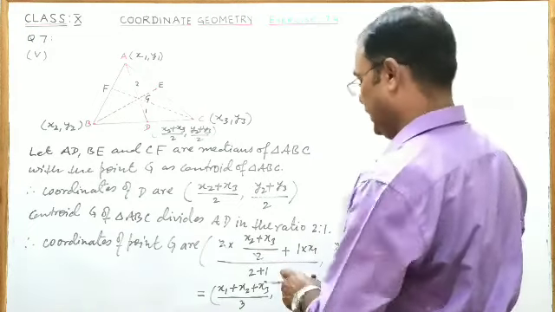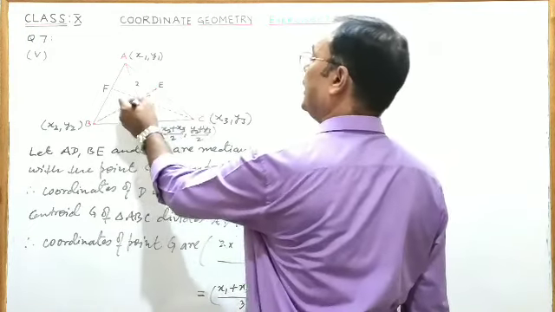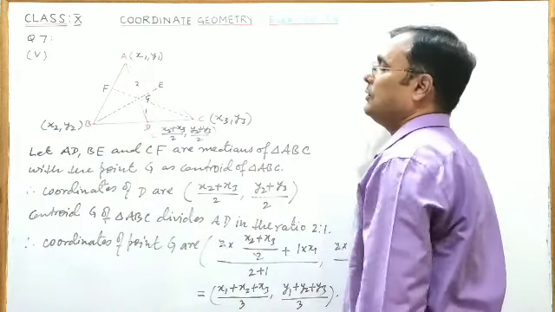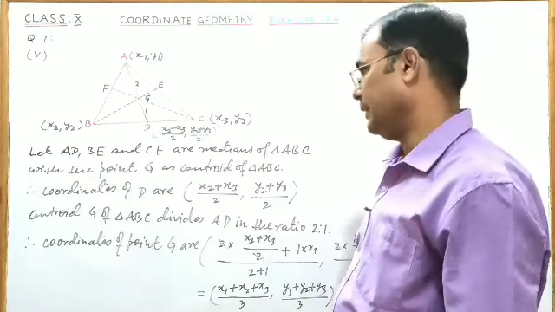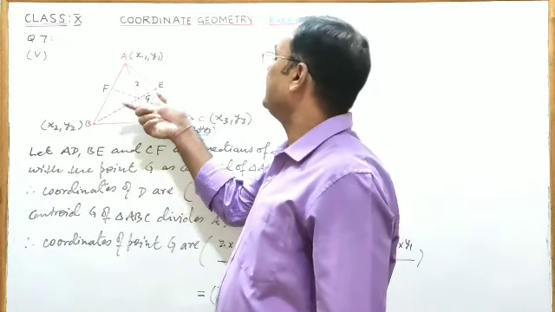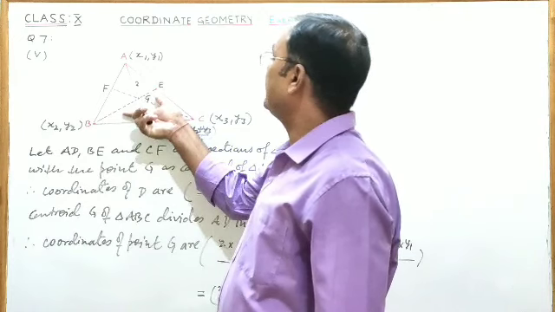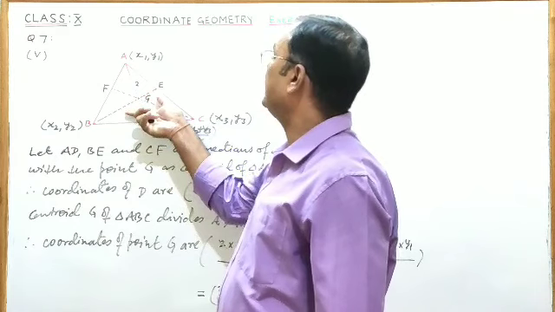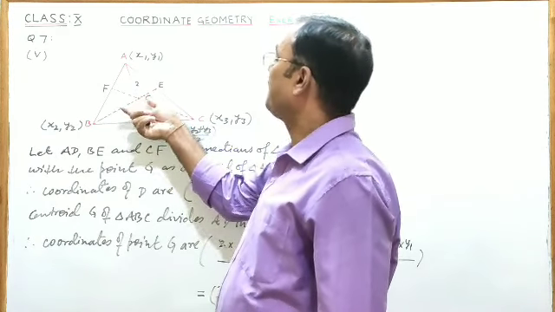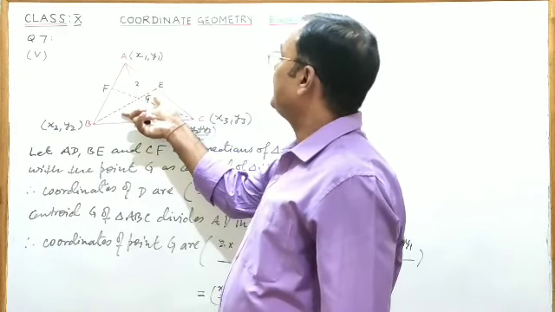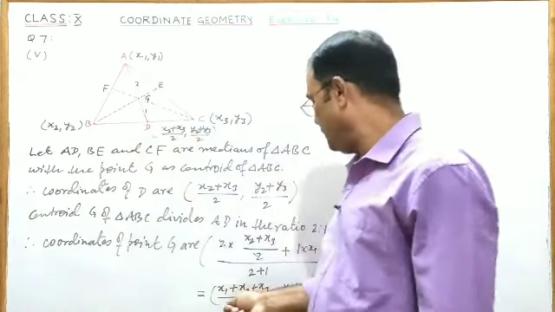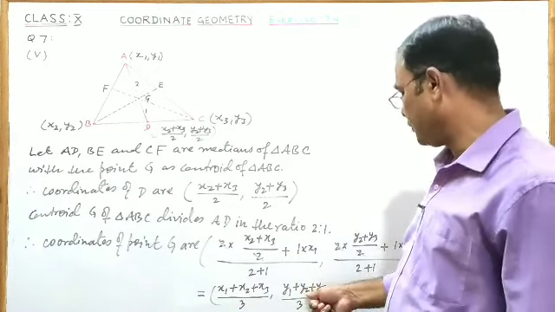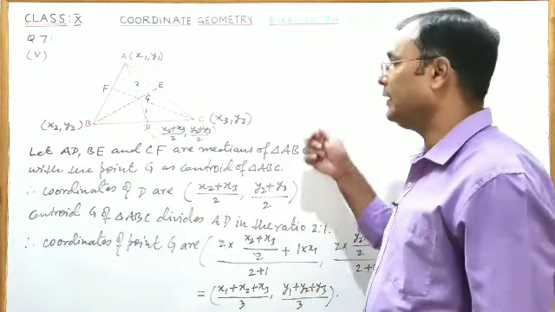So this is the coordinate of this point G which divides the median AD in the ratio of 2:1. Similarly, this point G will divide the second median BE in the same ratio 2:1, and the coordinates of this point G with respect to this median BE also will be (x1 plus x2 plus x3) by 3, (y1 plus y2 plus y3) by 3.